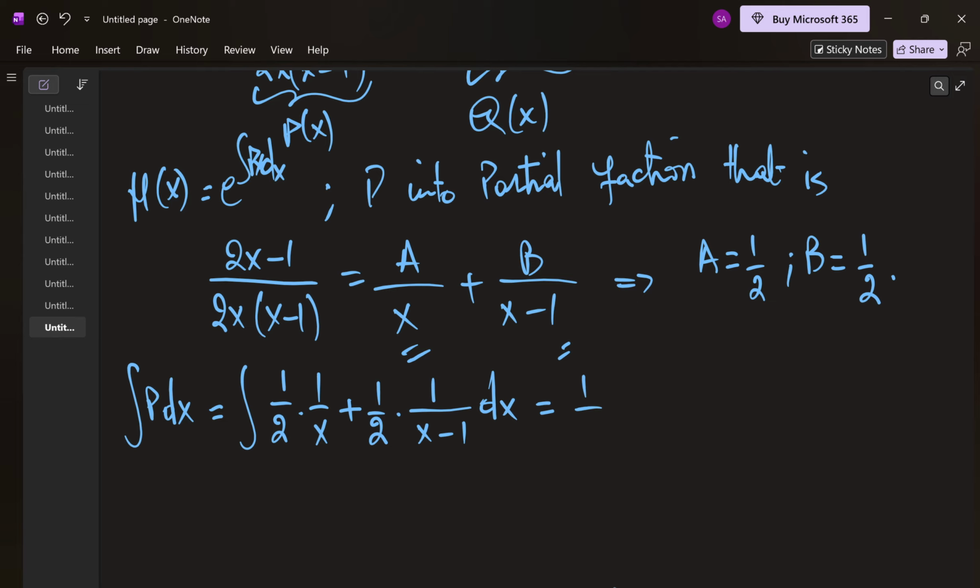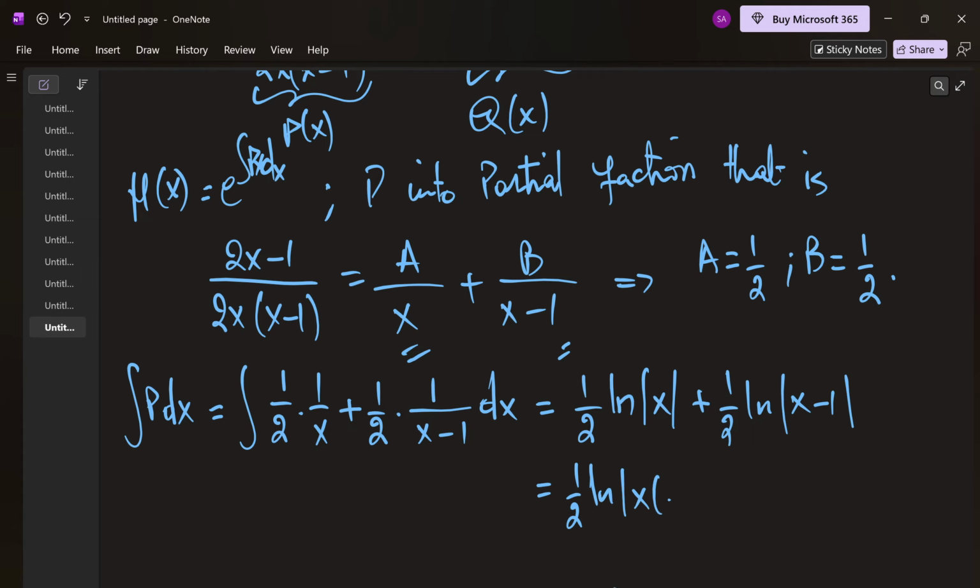This equals 1/2 times ln x plus 1/2 times ln (x minus 1). You factor 1/2 and add the logs together, and you find the final answer is 1/2 ln of x times (x minus 1), like this.